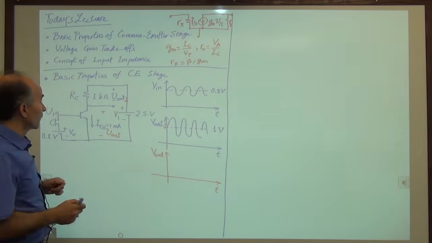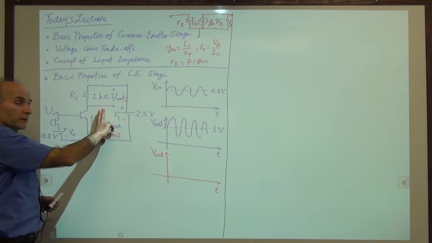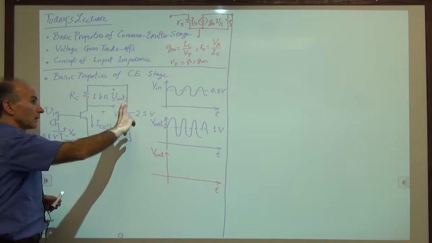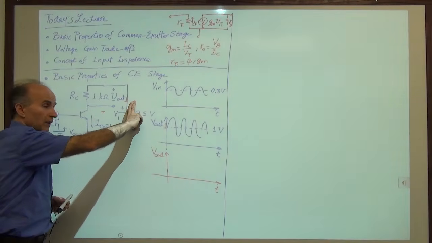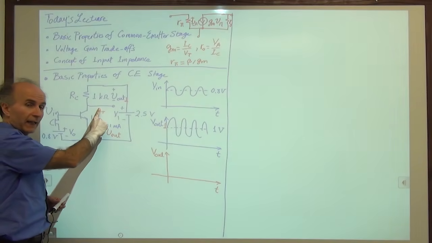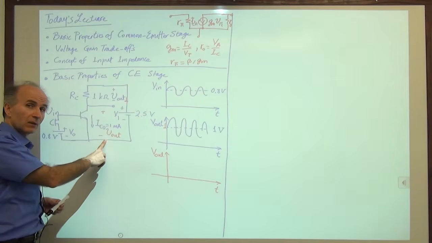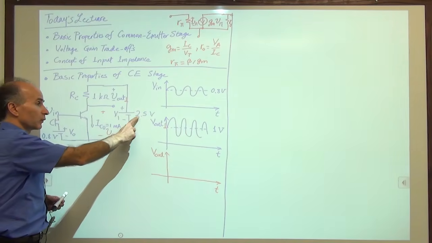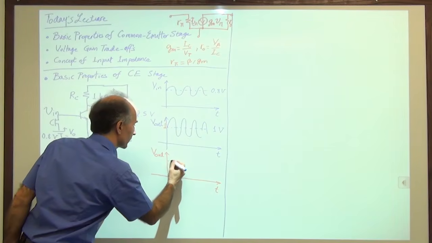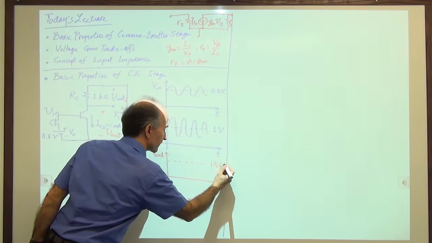KVL is our friend. We say this voltage must be equal to this voltage plus this voltage. And it is this one that I'm looking for. So this voltage is equal to this voltage, 2.5 volts, minus this voltage, which is 1 volt. 1 milliamp through 1K. So the voltage from here to here, in the absence of a signal, is equal to 2.5 minus 1, 1.5 volts. So this voltage will be 1.5 volts.